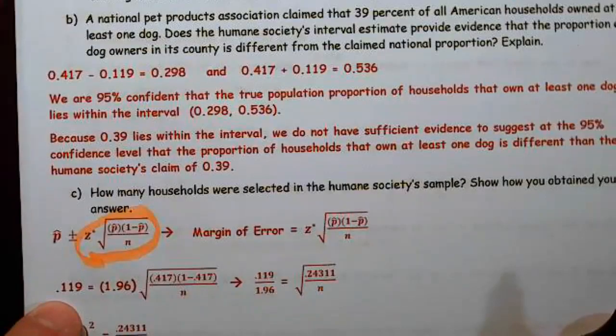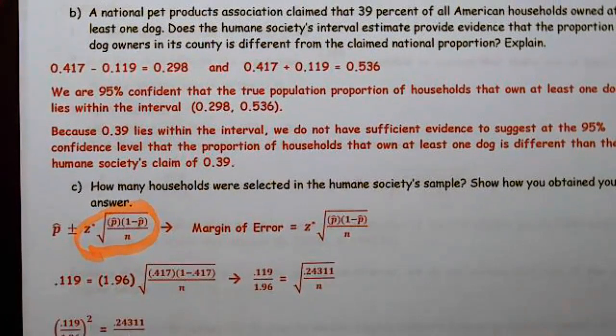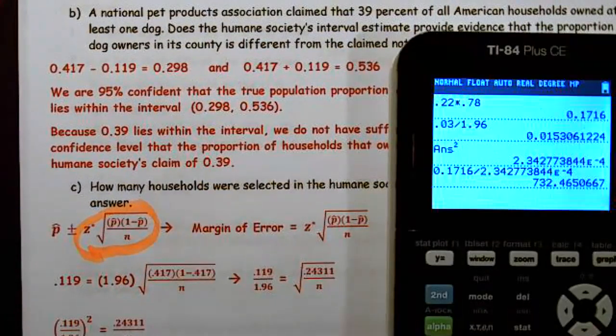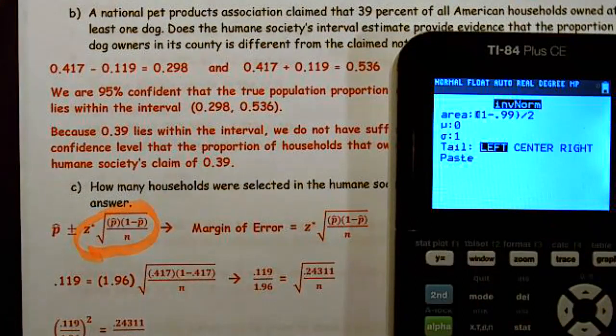So the margin of error is 0.119. I should go ahead and do a second VARS inverse norm, parenthesis 1 minus 0.95 divided by 2.